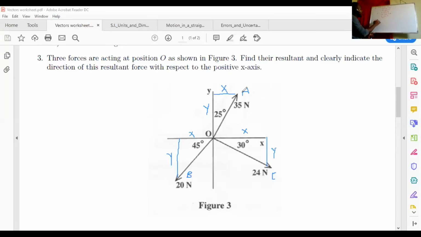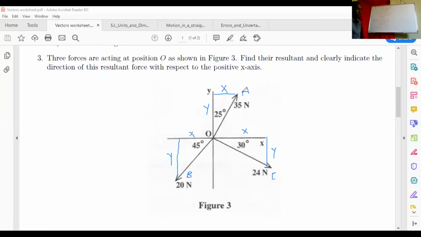Then for vector B, X would be, it's adjacent to the angle for X, so that is cos, so F cos theta. So F is 20, cos the angle, which is 45, and we get 14.14. Sir, 20 cos 45.